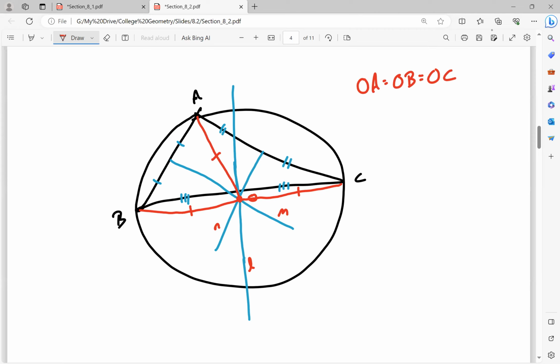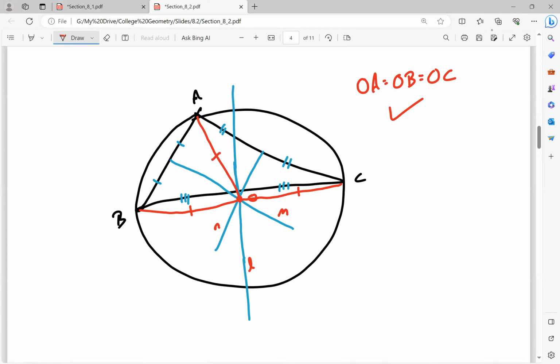In that case, O is on the perpendicular bisector of AC if and only if OA equals OC, by the pointwise characterization of perpendicular bisectors. Therefore, N is a perpendicular bisector of AC, and L is a perpendicular bisector of BC, and M is a perpendicular bisector of AB. So that way it's done.